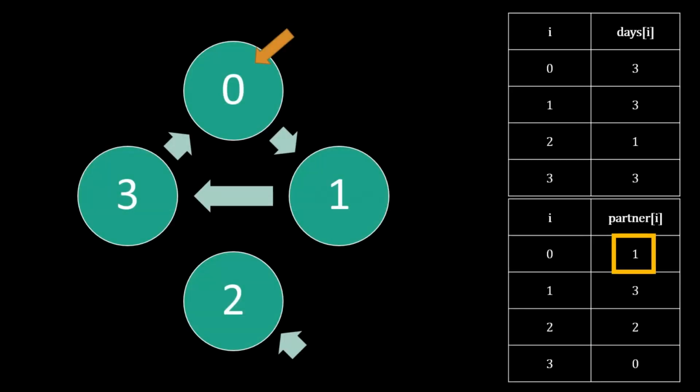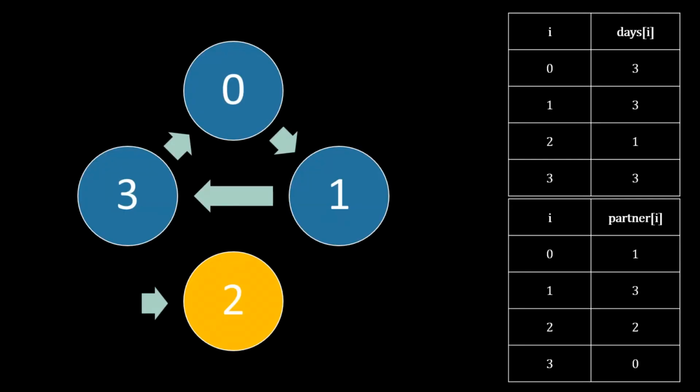You have noticed that if we know how many days it will take for 0, then we know how many days it will take for 3 and 1, because they are all in the same set, which means that the books are traveling in the same cycle. So if we know for one person in the cycle, then we know for all the people.